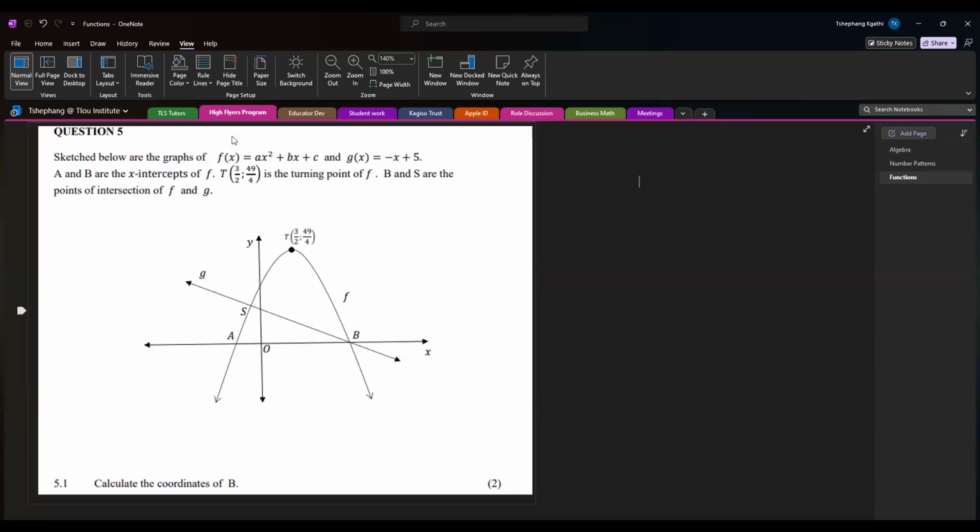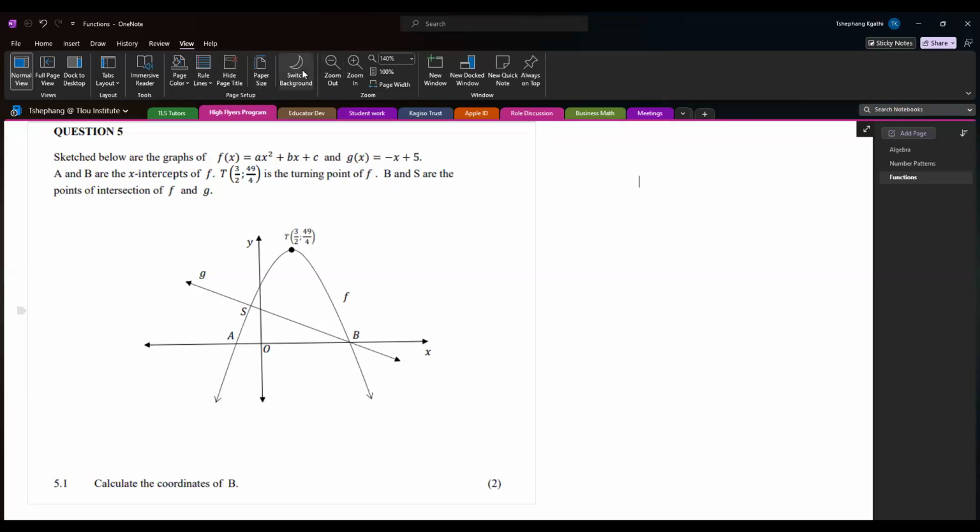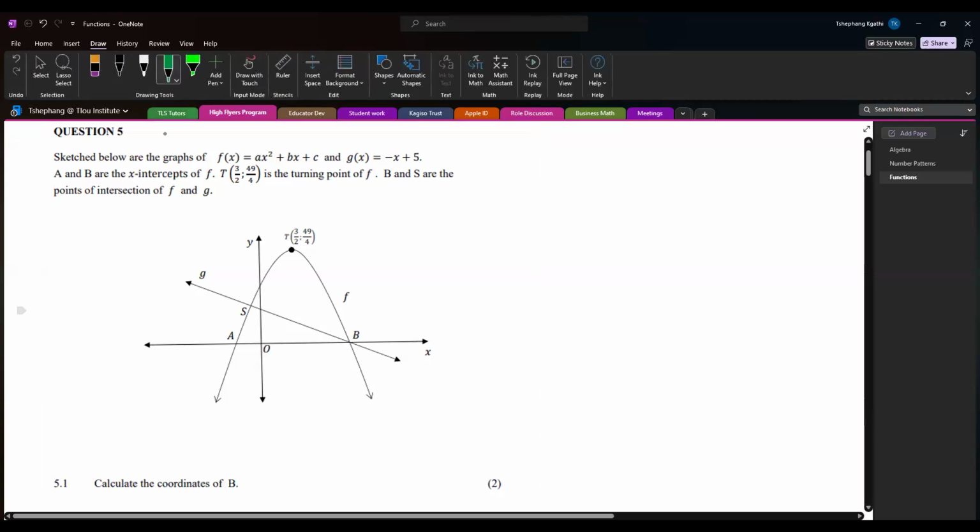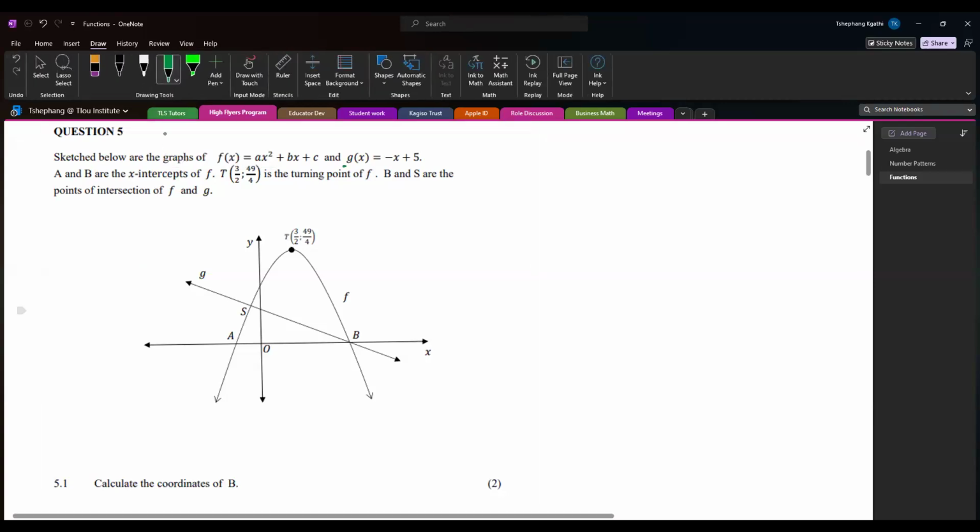Now, let's look at the very first question. Calculate the coordinates of B. That'll be the easiest question there, because for us to find the coordinates of B, we can use the straight line. And what is happening at B? That is the x-intercept.